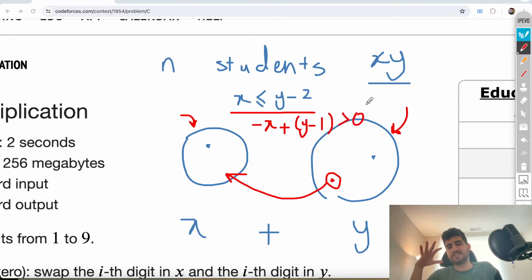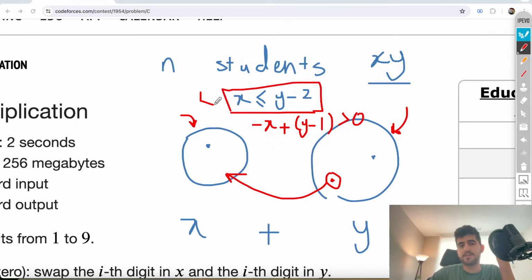So we have x students here, y students here. The sum of x and y is equal to n. I'm saying that if we want to maximize controversy, it doesn't make sense if x is less than y minus 2. It's definitely not the maximum, because we can move one person from the large group to the small group, and he will not hate the people in the small group anymore, but instead he will hate all the people from the bigger group.